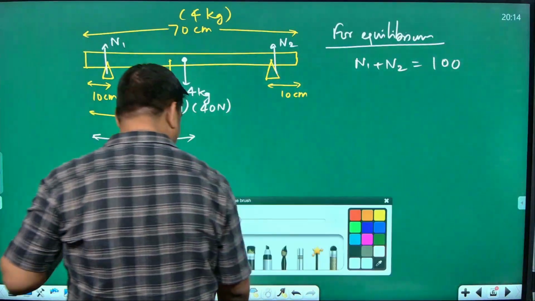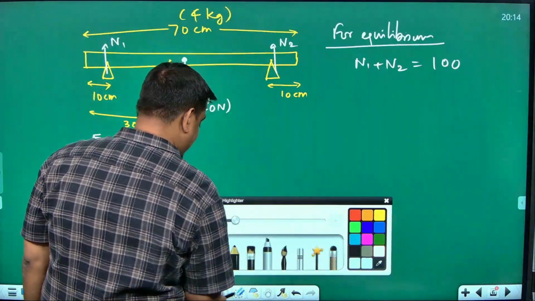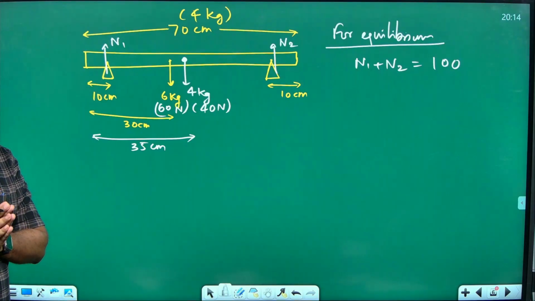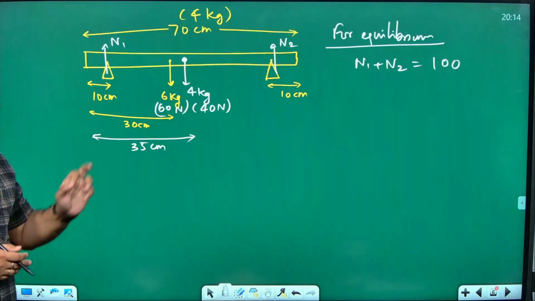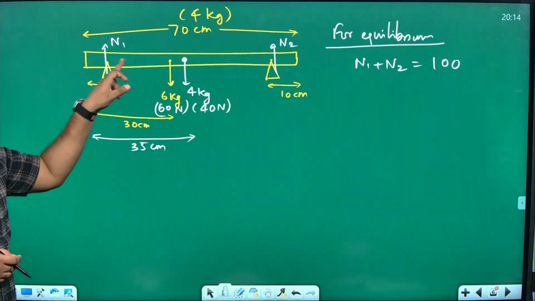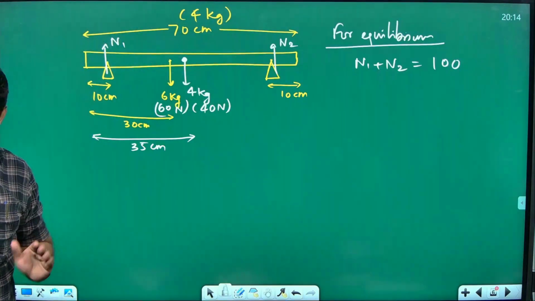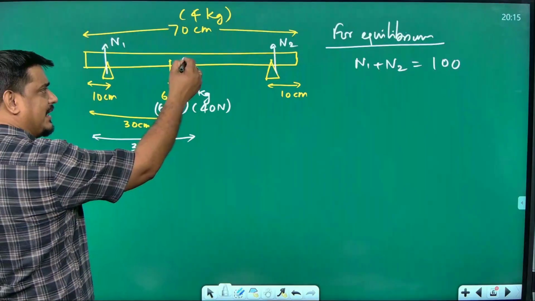If you see, you will realize that the moment produced by N1, first of all, understand this. When you want to calculate the moments, you should calculate the moment at a particular point. Now you may ask me, can we calculate here, here, or anywhere? Anywhere actually, your wish. Shall we calculate here?